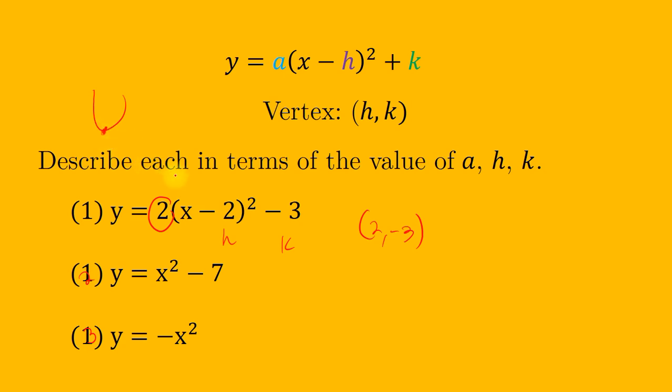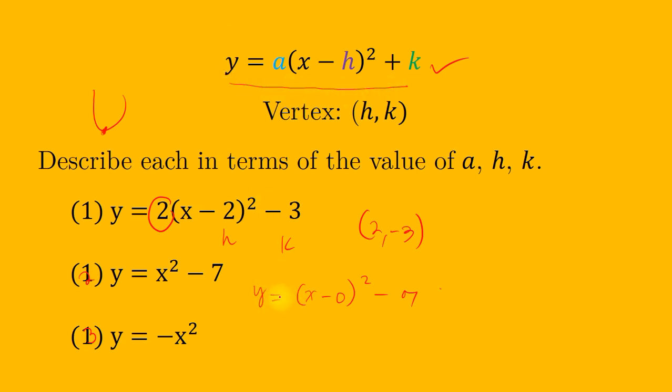In number 2, it's not quite in this form, but we can rewrite it as y equals x minus 0 squared, minus 7. It's the same idea, just the writing, to make sure we can rewrite it into the standard form.